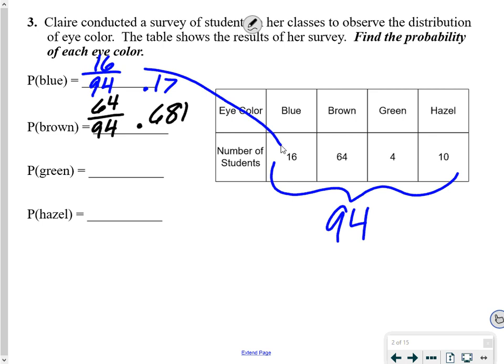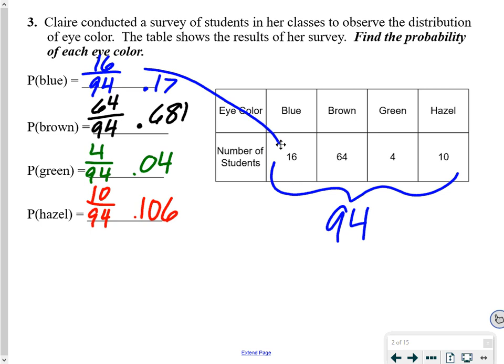In other words, 68.1% of the population that was surveyed has brown eyes. For green eyes, we got 4, so that's 4 out of 94, which would be 0.04 or 4%. And then finally, for hazel eyes, that's 10 out of our 94, to be 0.106 or 10.6%.